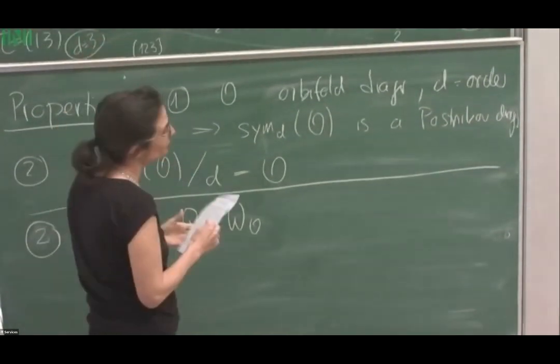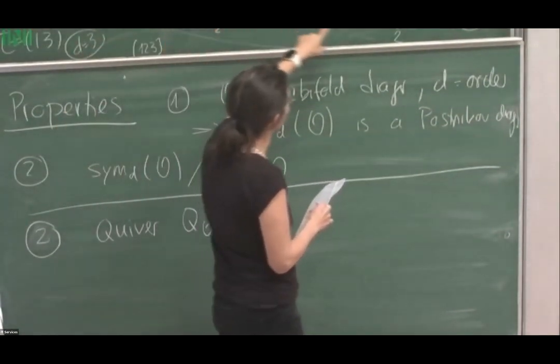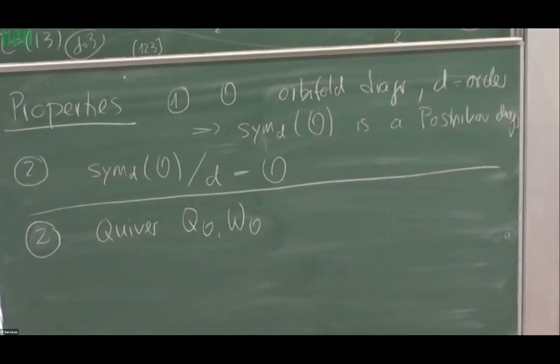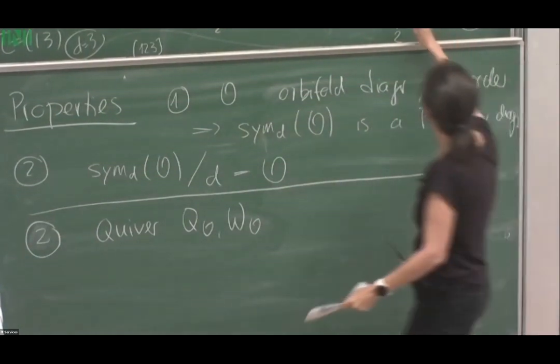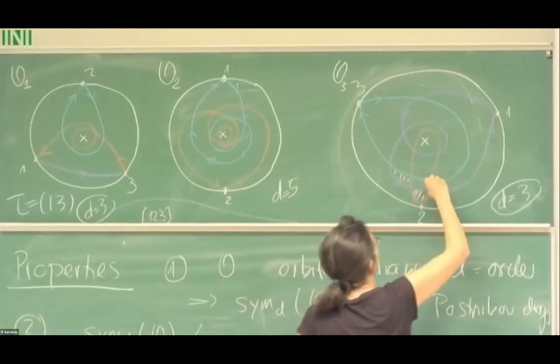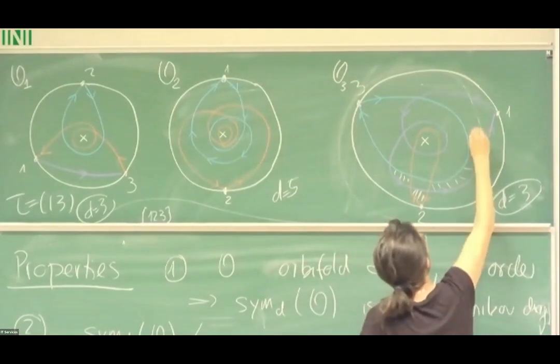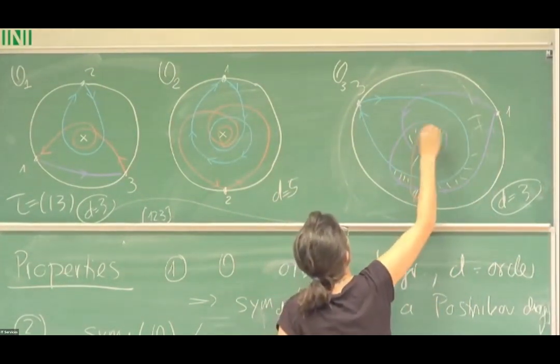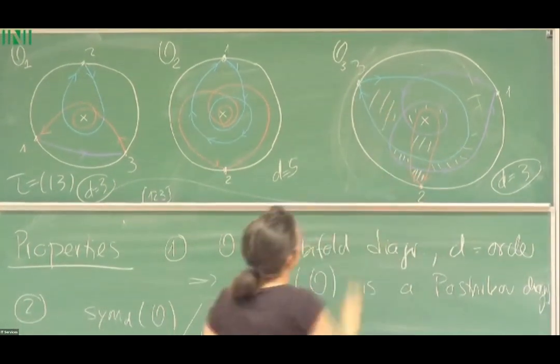If you look at an orbifold diagram, as in the Postnikov diagram, you will have alternating regions and oriented regions. For example, these regions here are oriented clockwise or anti-clockwise, and all the others will be alternating.